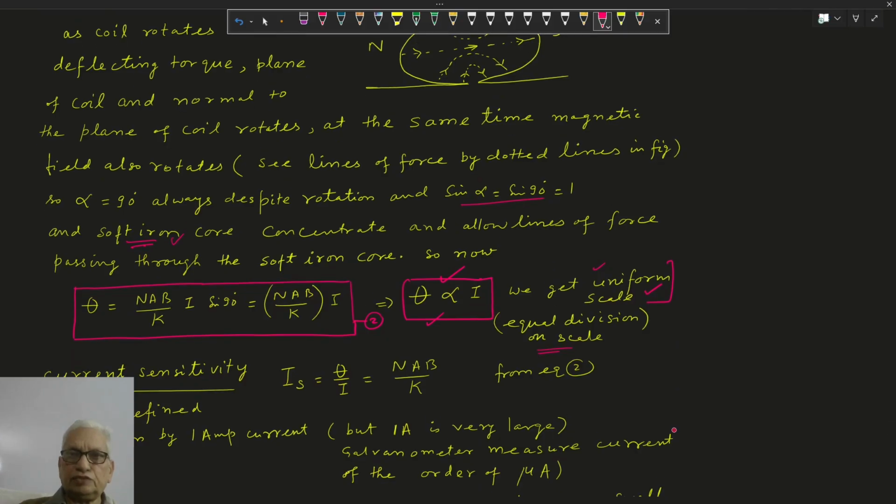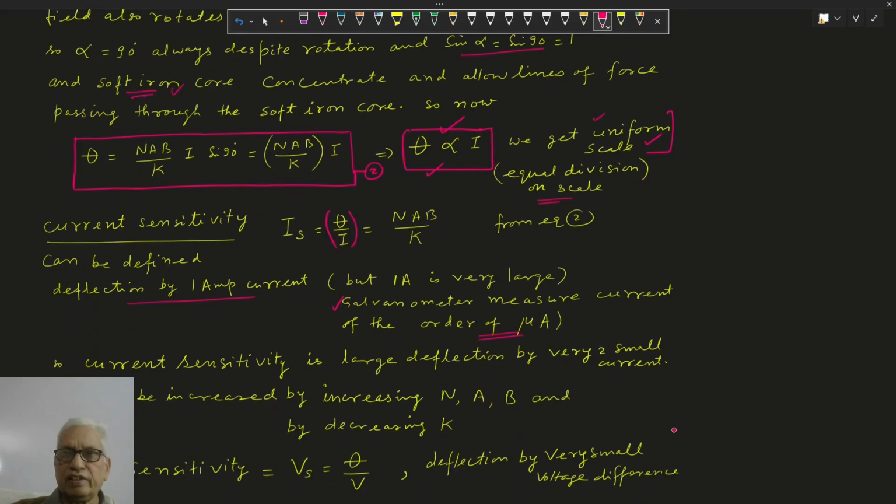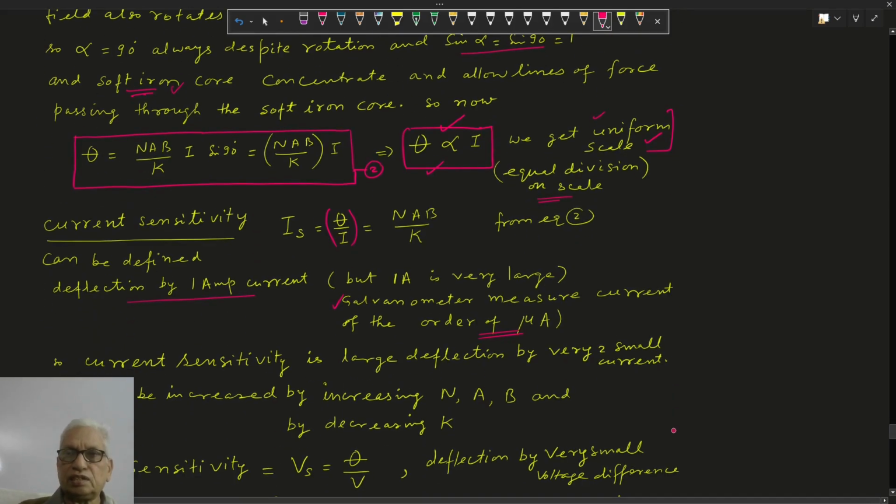So by using radial magnetic field, this uniform scale can be obtained. Now by this formula, theta upon I equal to what? NAB upon K. So current sensitivity is defined as the deflection by the unit current. Question definition में कोई problem नहीं. At 1 ampere is very very large. When we are talking about the galvanometer measuring the current of the order of microampere, then 1 ampere तो 10⁶, एक लाख गुना ज्यादा.